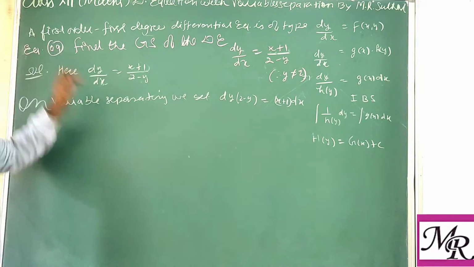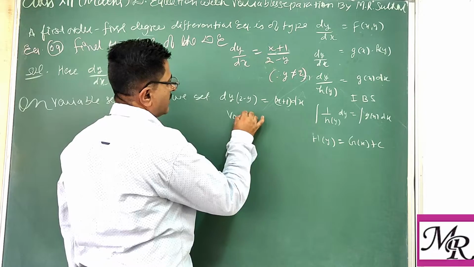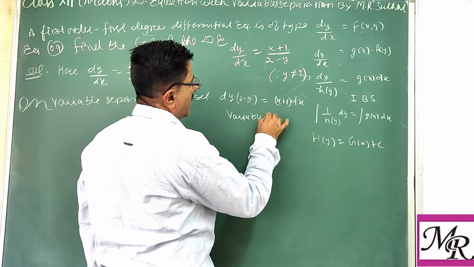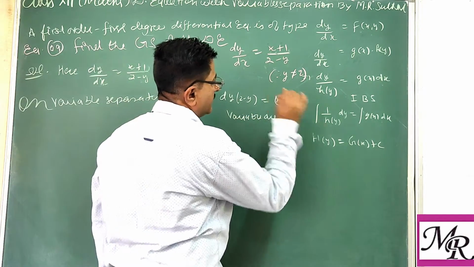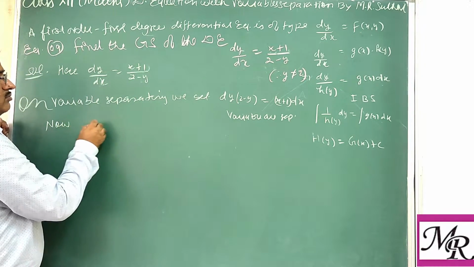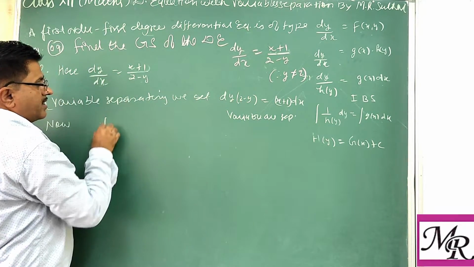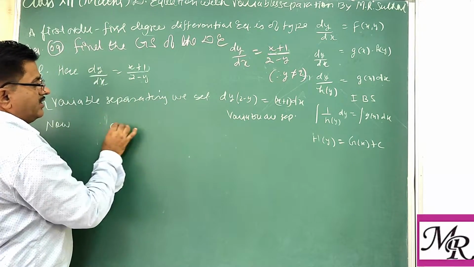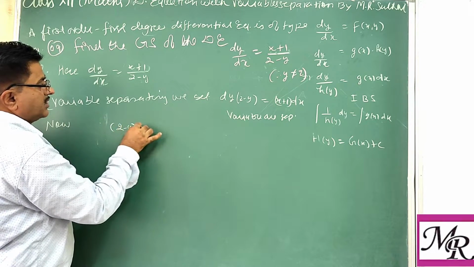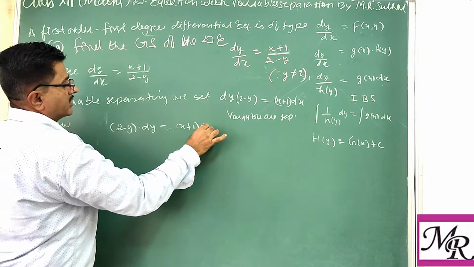So variables are separated. This is known as variables are separated. So now what we get here, you may write like this. Either you can write this first term or this, any name you can write. So we may write here (2 minus y) into dy equal to (x plus 1) dx.